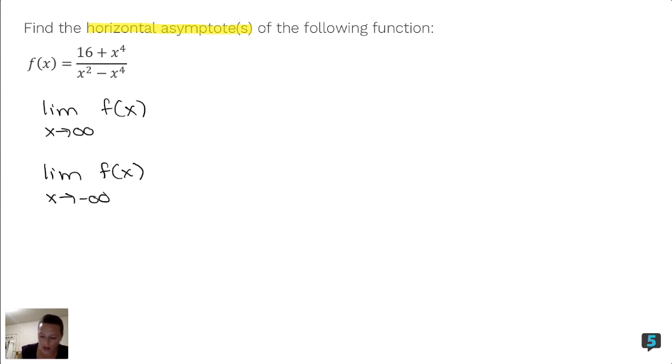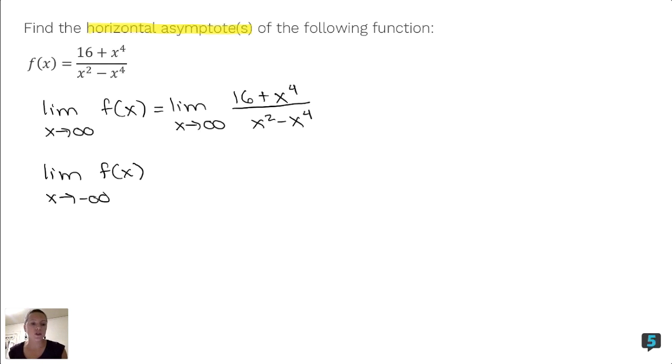Okay. Now, let's fill in that f of x for our actual given function. Because this is a limit as x approaches infinity, remember, 150 million, Jeff Bezos' net worth versus a couple measly dollars here and there. We only care about the term that grows the fastest in the numerator and the term that grows the fastest in the denominator.